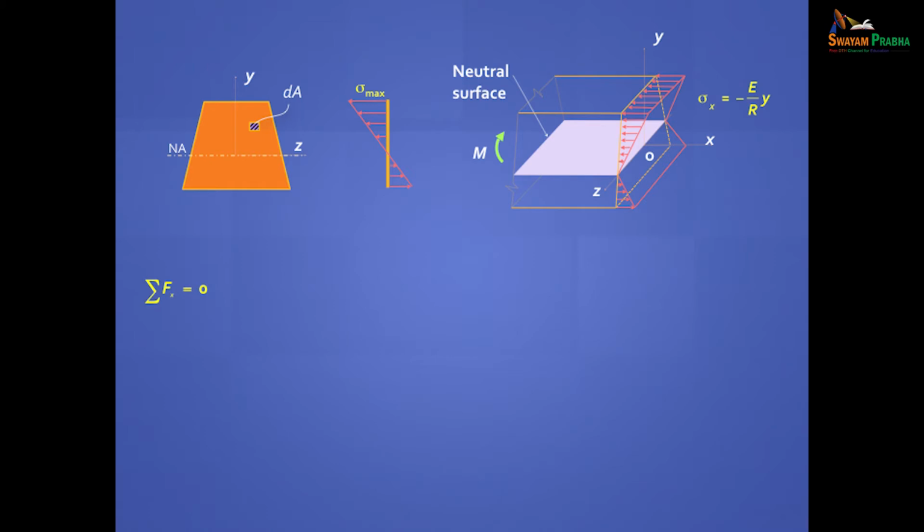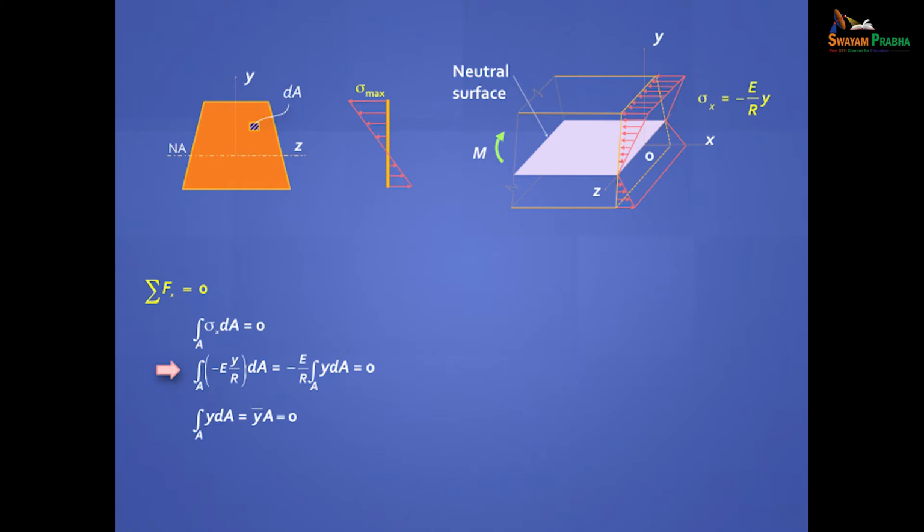There's no axial force, there's no normal force in this entire cross section. So if you sum up all the forces in the x direction, they should all add up to 0, but here you'll have to integrate because this is a continuum. And so it is fair to write, integral of sigma x dA is equal to 0. You substitute for sigma x with the formula we derived and pull out the constants. E by R is outside, and so you end up with this property.